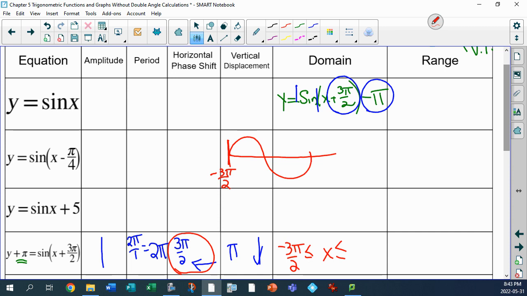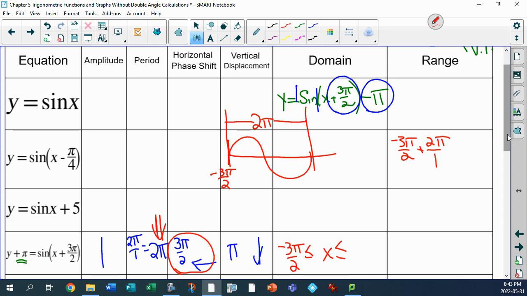Well, check it out. My period is still 2 pi. So what we're going to do here is take this value, add 2 pi to this, and determine our final endpoint. Okay, so minus 3 pi over 2. We're going to add 2 pi to this. Well, the problem with this is it's not a fraction yet.